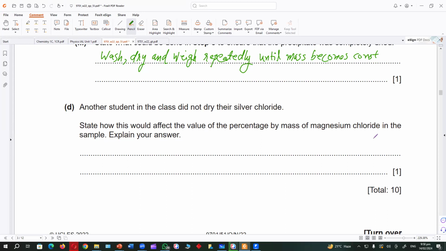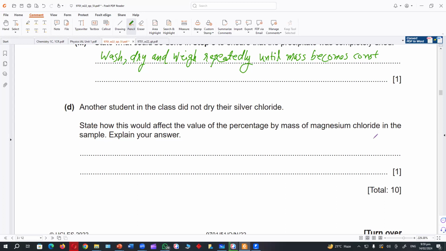So if the student does not dry, the sample will be wet. When something is wet, it will be heavier. Normally, anything which is wet, even a sponge, when it is wet, it becomes heavy.